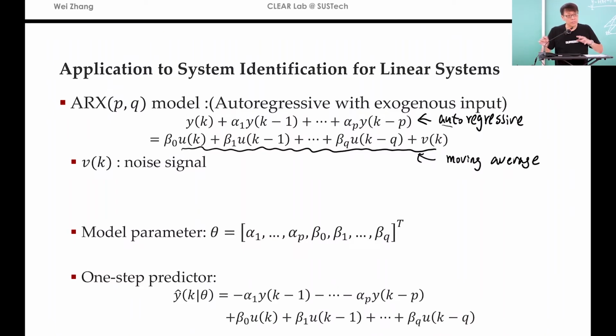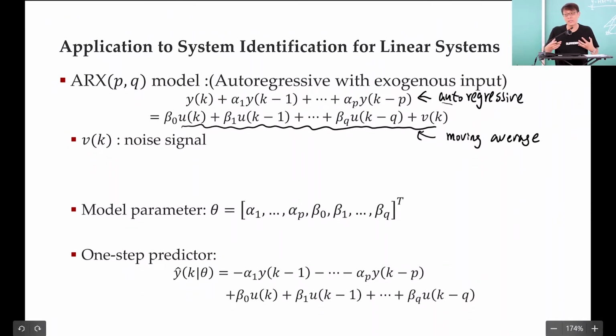Autoregressive depends on history. Anyway, we can just think about this as a generic way to write down a linear difference equation, right? That's the typical way to model discrete time linear systems. In this case, if we have such a model, we can turn it into a transfer function. We can also turn it into state space models.